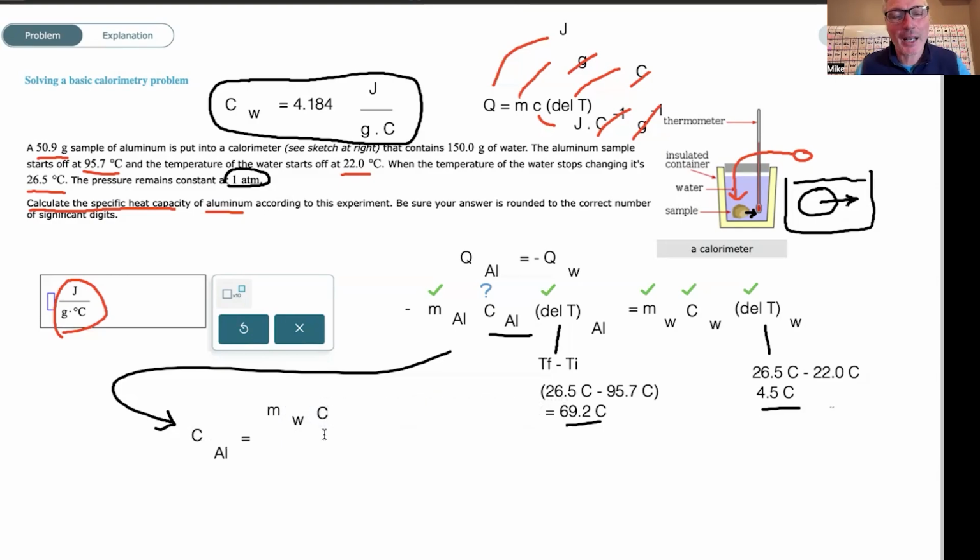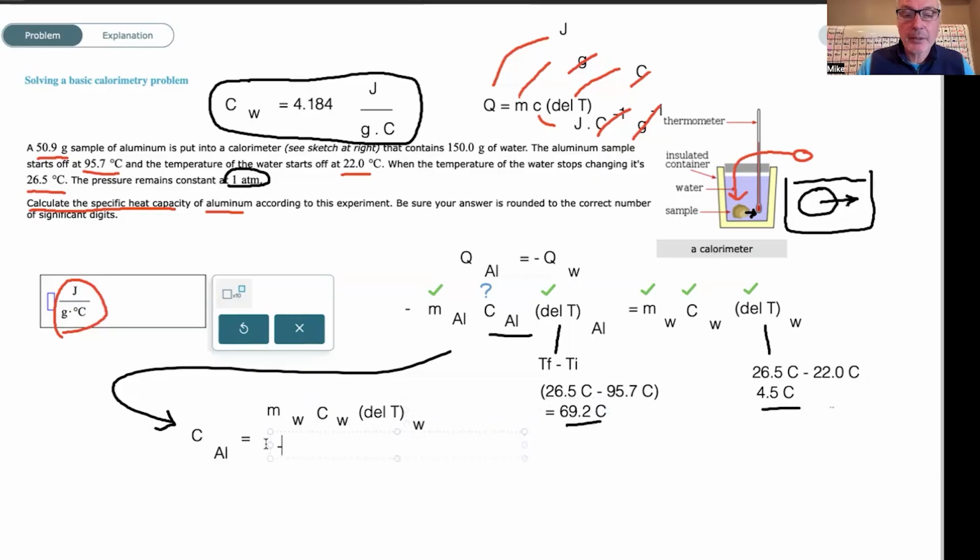I used capital letter C for specific heat capacity. It's usually a lower case, but whatever. I was feeling it there. So we're going to go and say that that's what that is. All right.